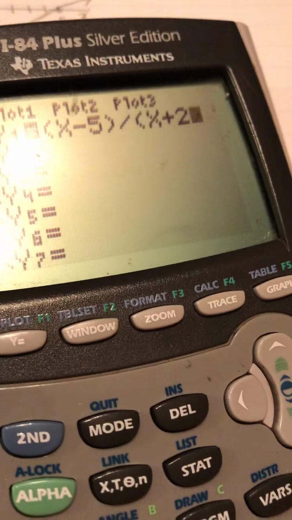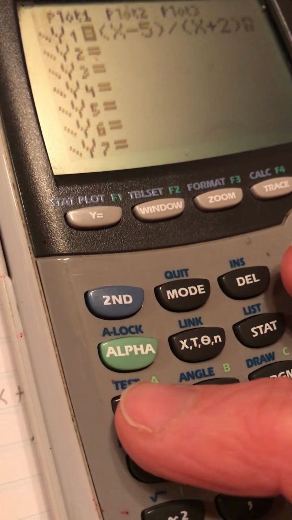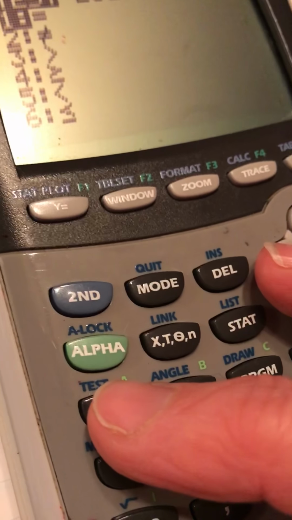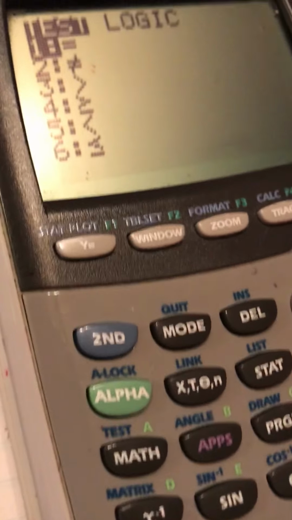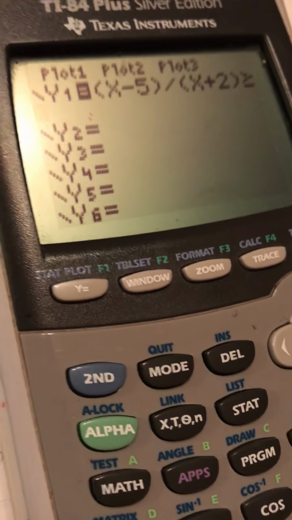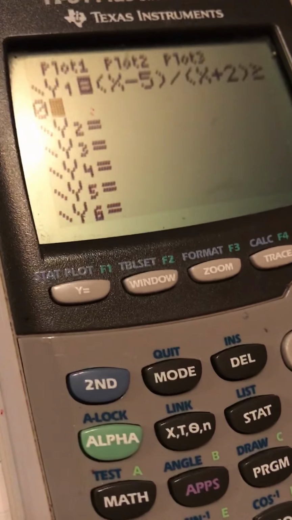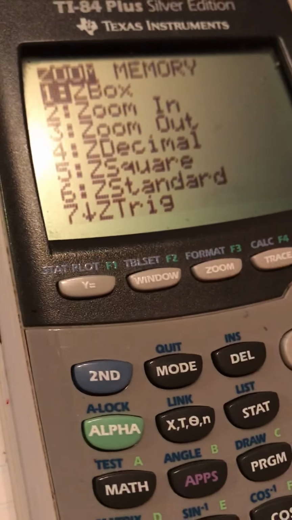We want it to test, so we go second math to the test menu. When is that greater than or equal to? Option 4. When is that greater than or equal to 0? And a standard window is good to go.